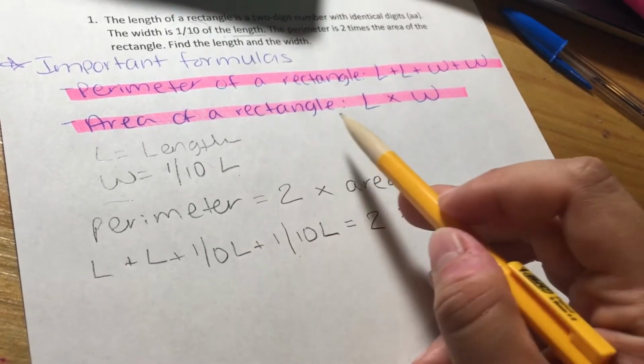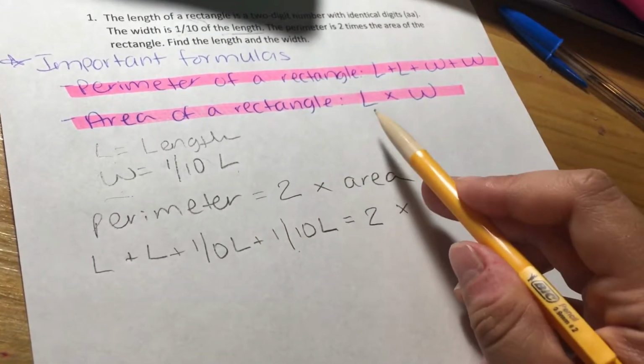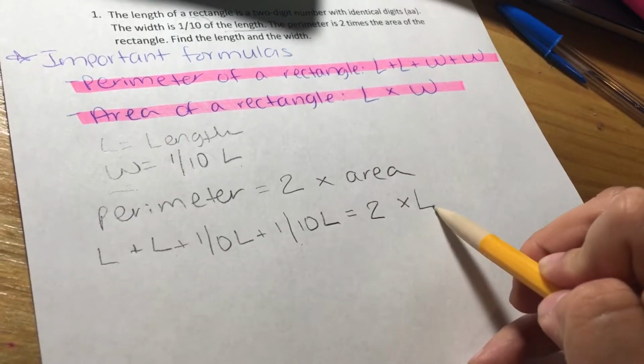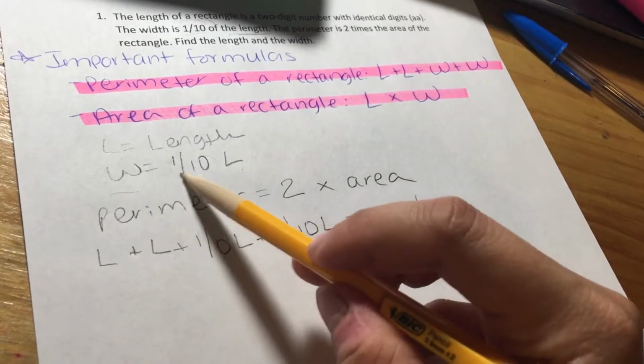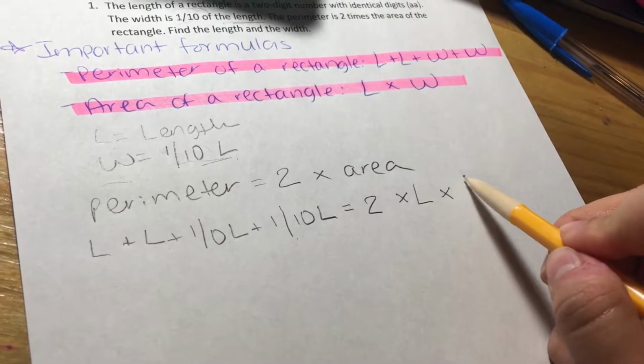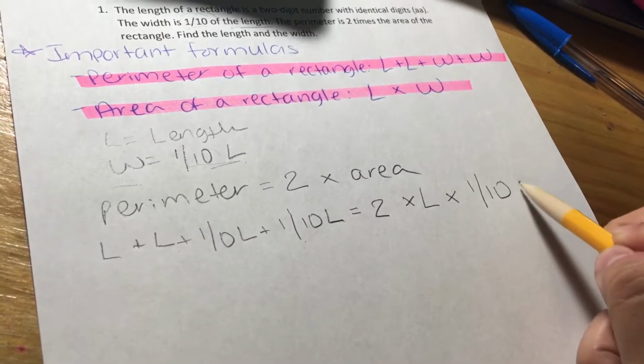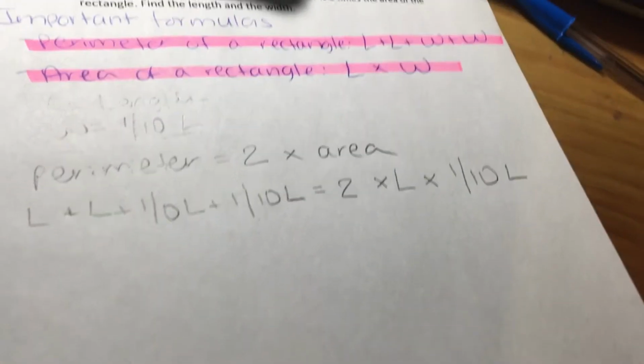Here's the area formula: since we don't know the length, we write L times the width, which is 1/10 L. Now we just go ahead and solve this out.